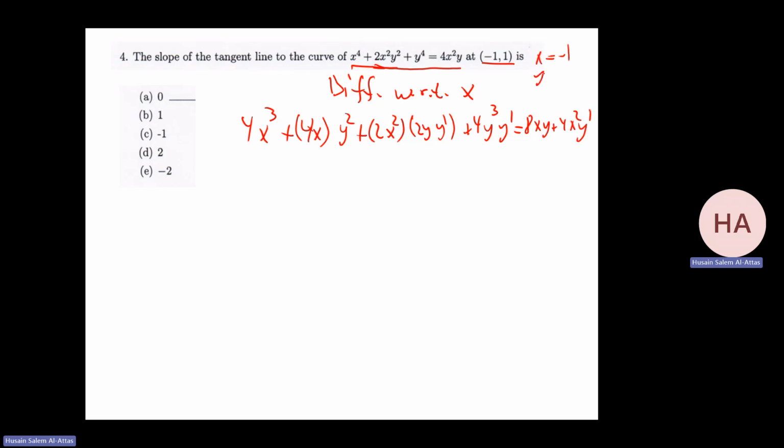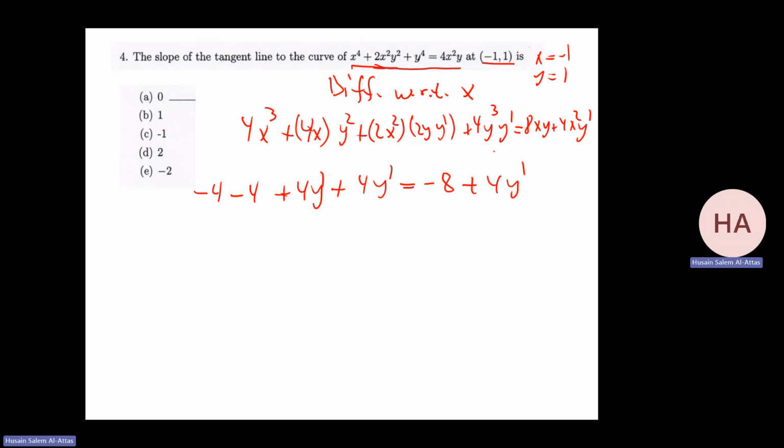I have x equal minus 1, y equal 1. Yalla, we have what? Minus 4, 2x squared plus 2. This is 2 also, so plus 4 y prime plus 4 y prime, equals 8xy minus 8, and this is 4x squared y, so plus 4y prime.